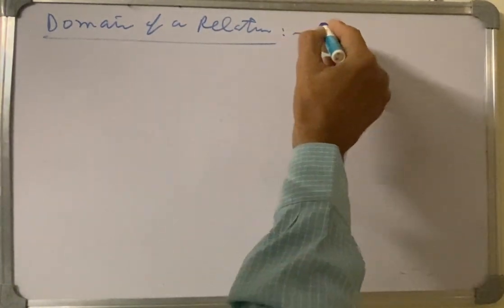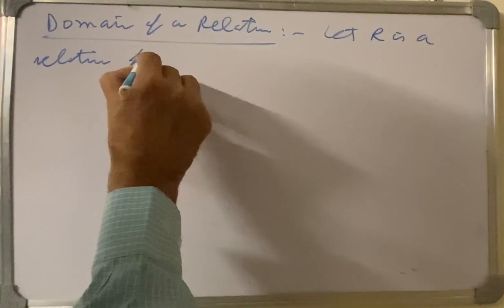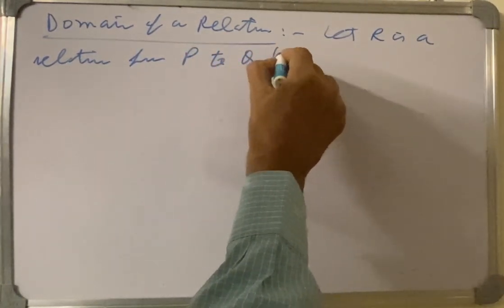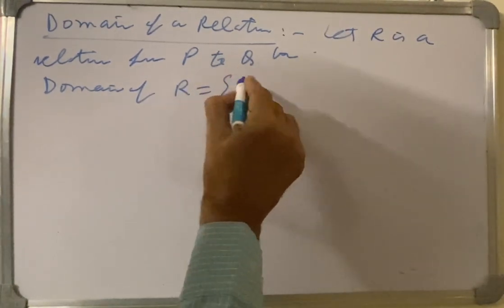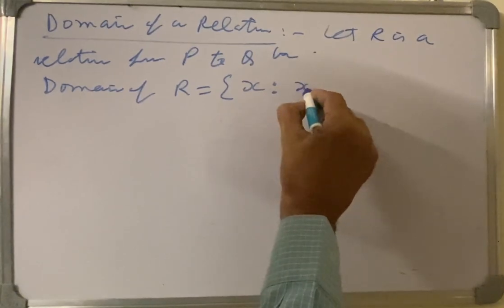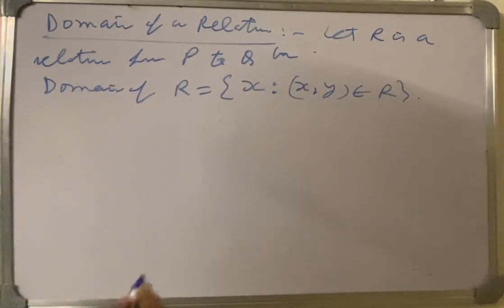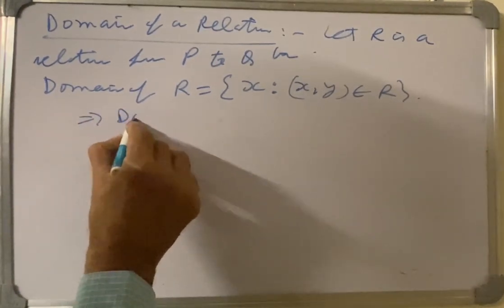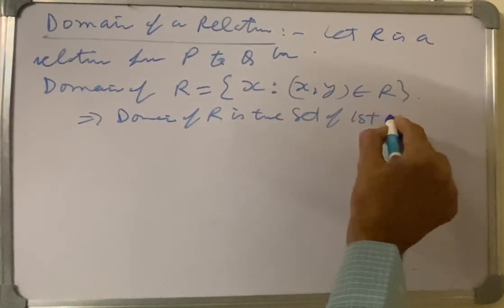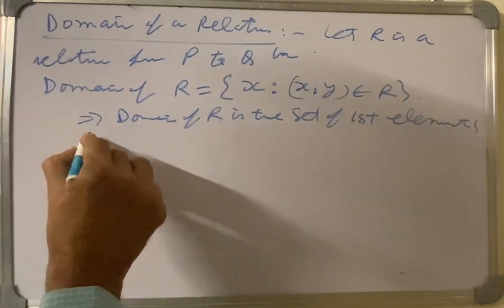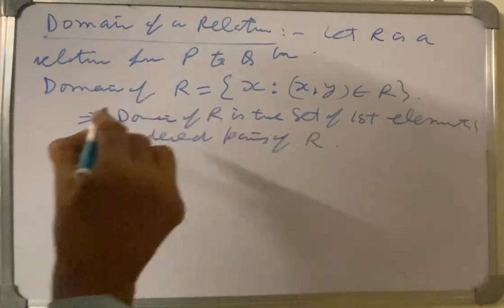Let R be a relation from P to Q. Then the domain of R is all those elements x such that (x, y) belongs to R. That means the domain is the set of first elements of the ordered pairs of R.